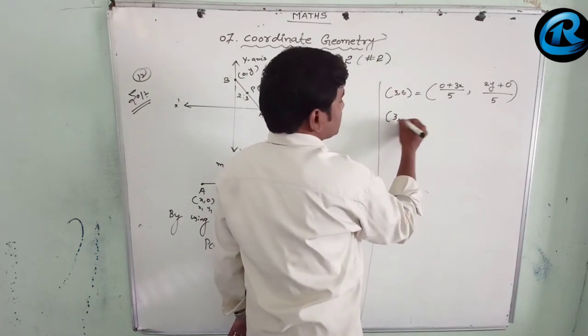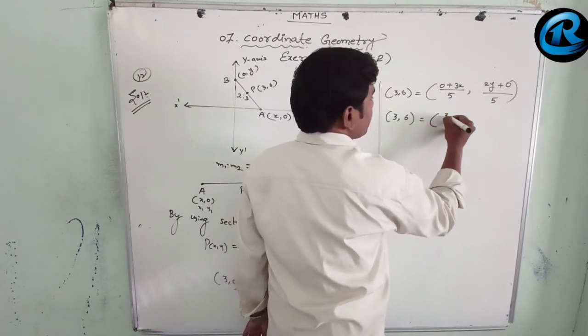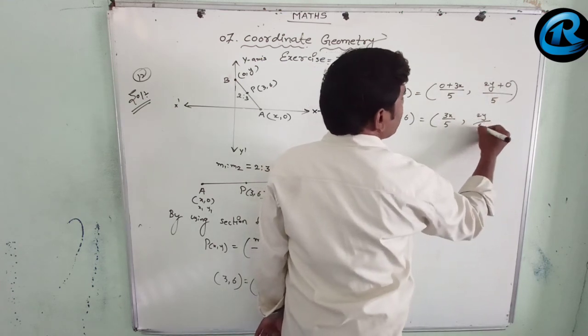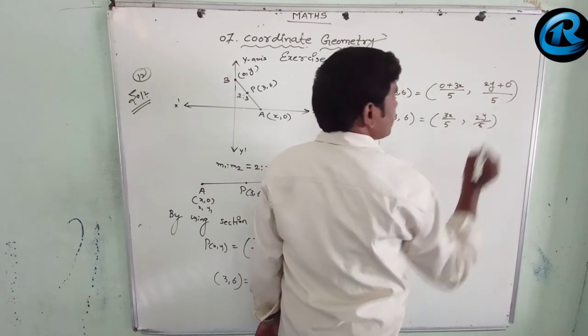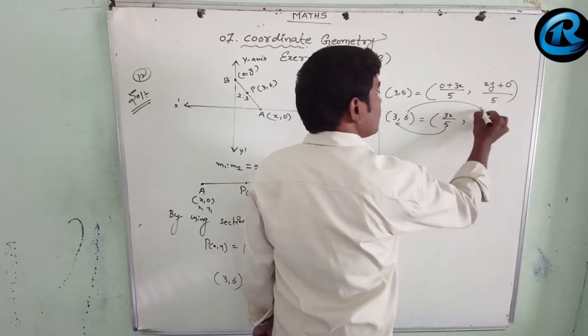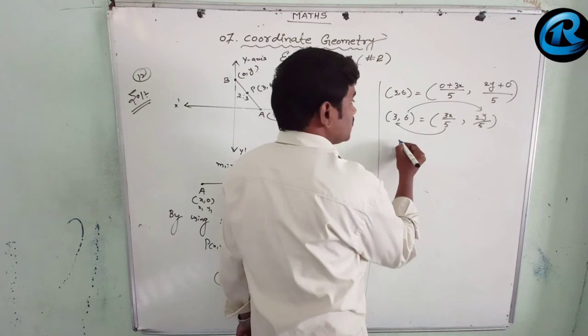And we can simplify this. (3, 6) is equal to (3x/5, 2y/5). Now this x coordinate is equal to that x coordinate, and this y coordinate is equal to that y coordinate.